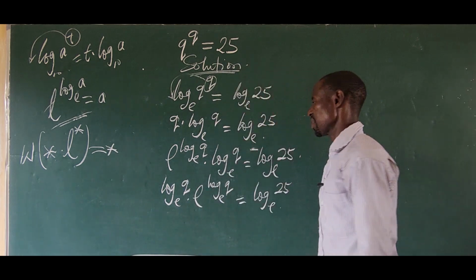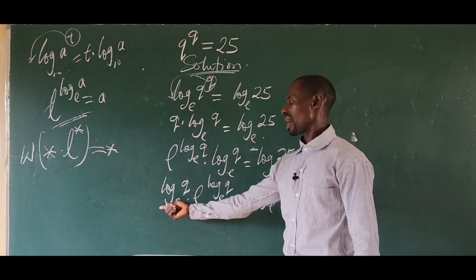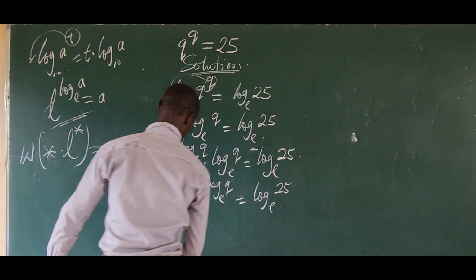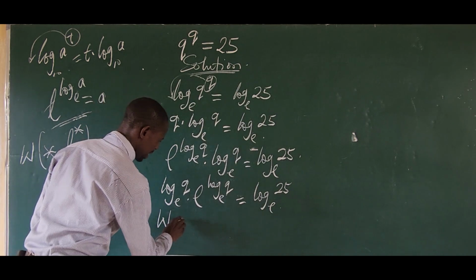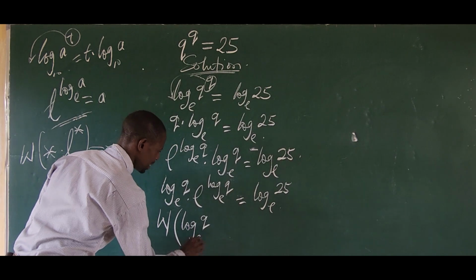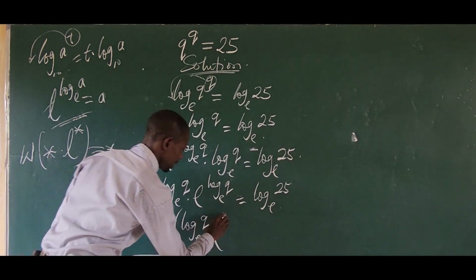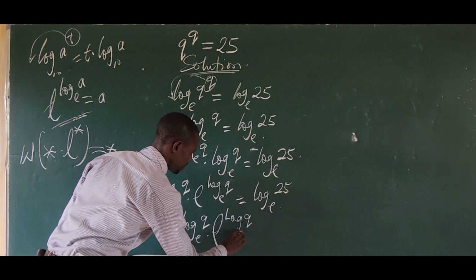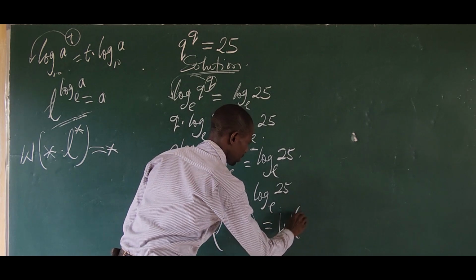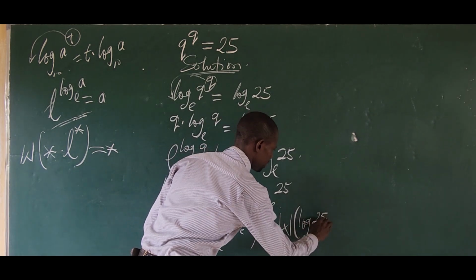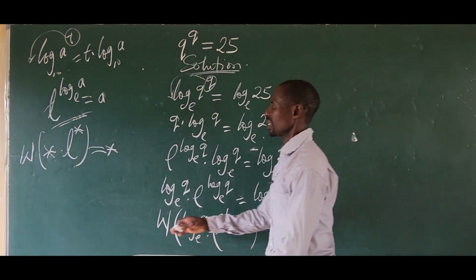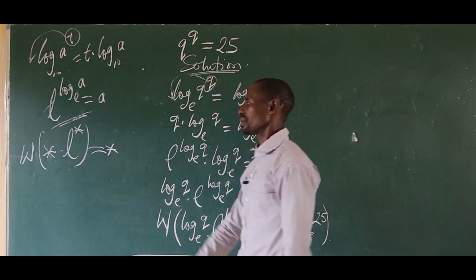So let's look at our expression we have here now. We have e here, we have log q base e, and log q base e as the exponent. So that can play out. And so we now take the product log of both sides. So the bracket, log q base e times e raised to log q base e, close bracket, equal to the product log of log 25 base e. Remember, that's where you take the product log, then you will come up with your star.